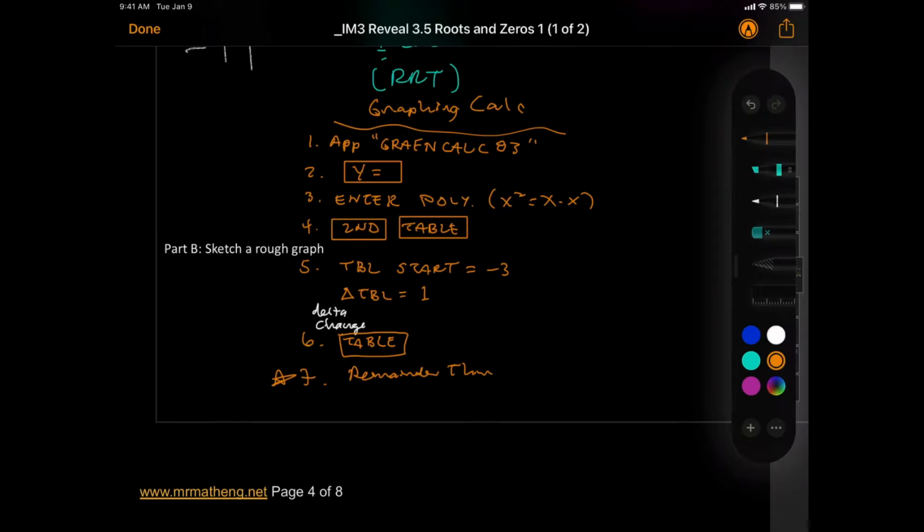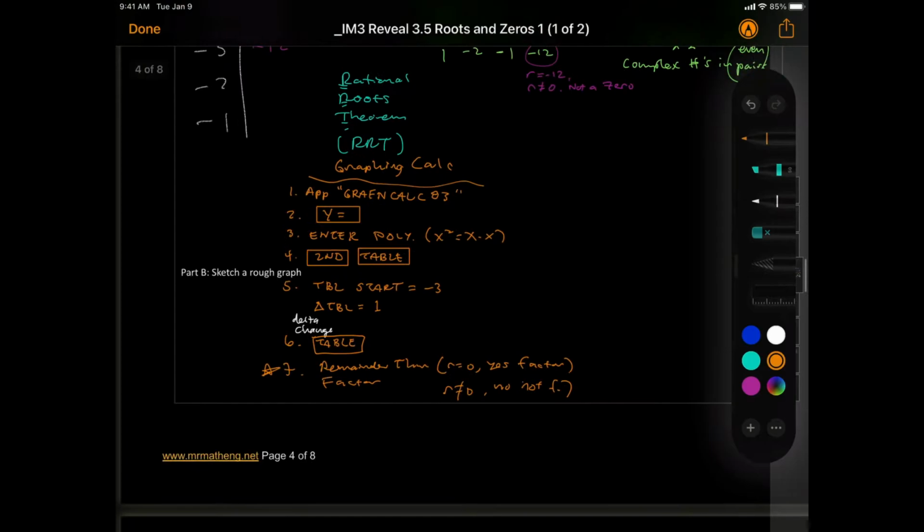Basically, when your remainder is equal to 0, then yes, it's a factor. So that is both the factor and the remainder theorem. Okay, so that means when the remainder is not equal to 0, some other number, negative or positive, then no, not a factor. Okay, so let's go ahead and put that into our graphing calculator.